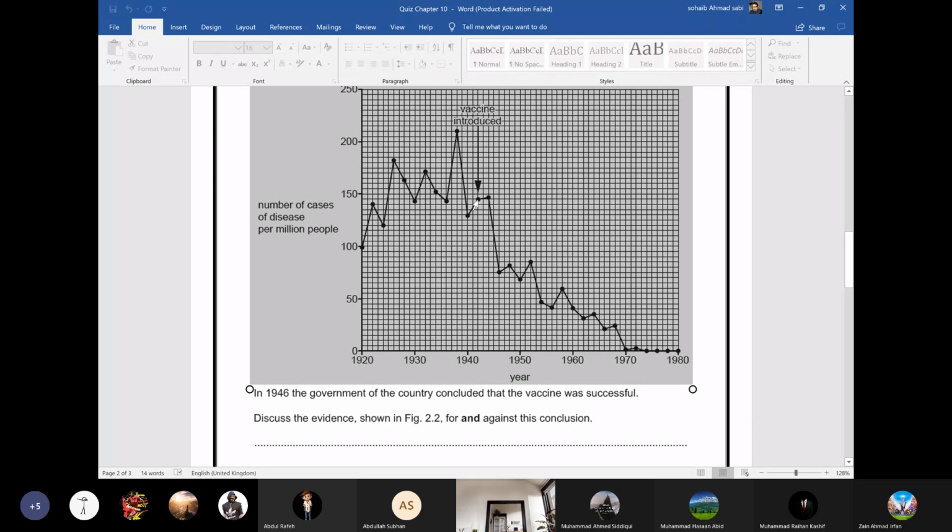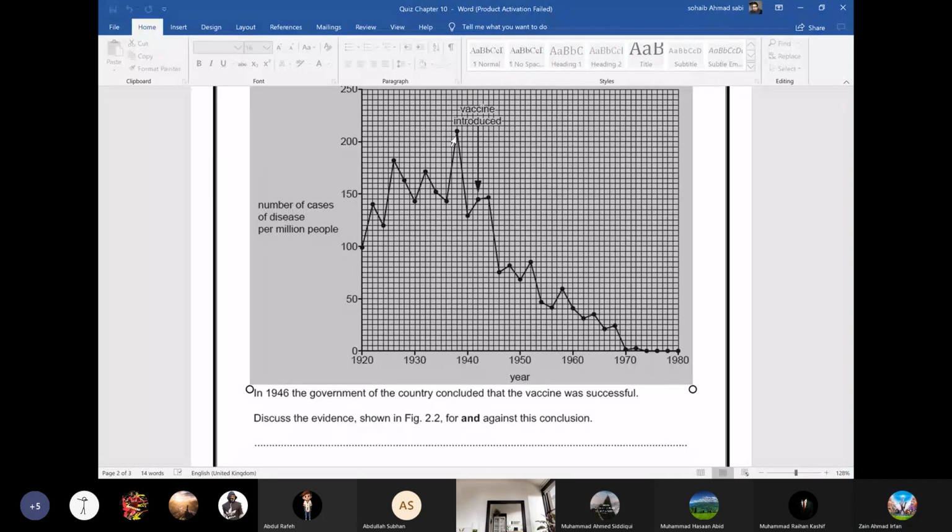But after the introduction of the vaccine over here, the number of cases decreased to only 148 million. From 1942 to 1946, the number of cases did increase, but the number of cases is still low compared to pre-vaccine years. Understood, everyone, or not?